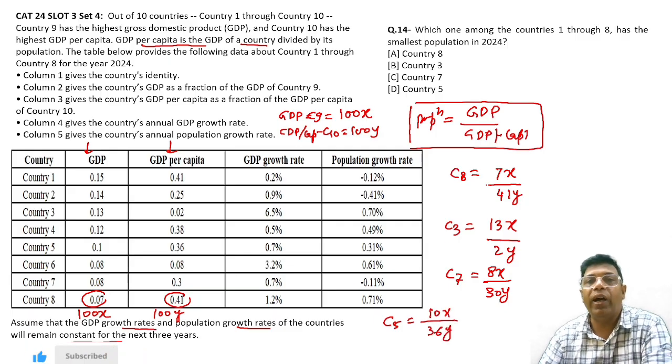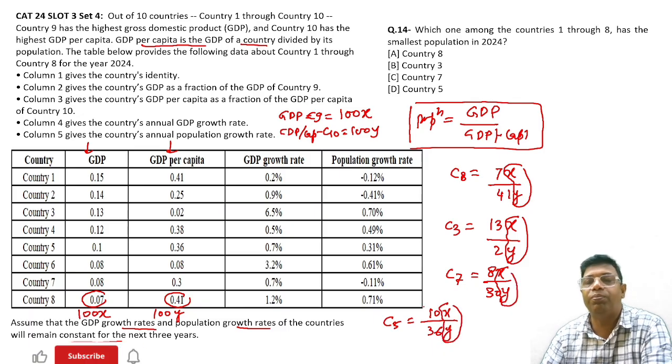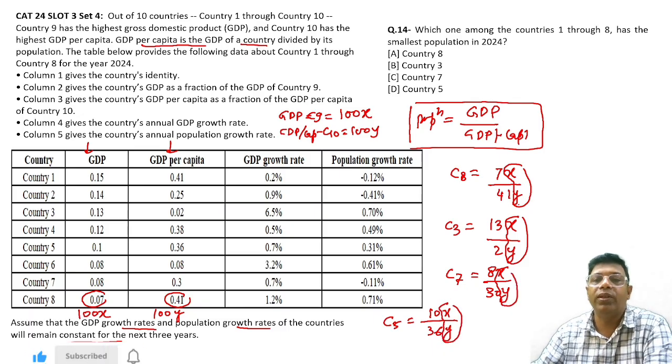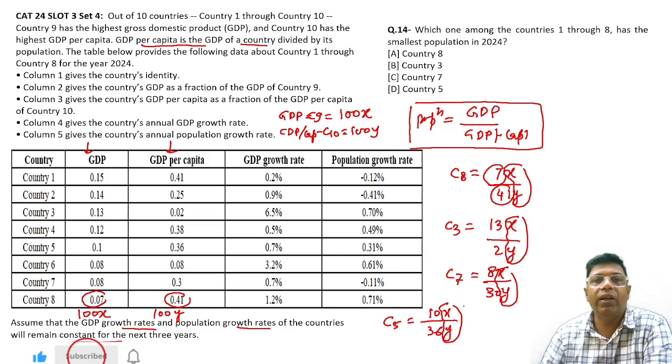Now you see which value is smaller. Every value has a multiplier of x upon y, and if you multiply all the ratios with the same amount, it doesn't change the property of the ratio. So in this case, the smaller value will depend on the numerators and denominators. Out of 7 by 41, 13 by 2, 8 by 30, 10 by 36, whichever is lowest will have the smallest population.